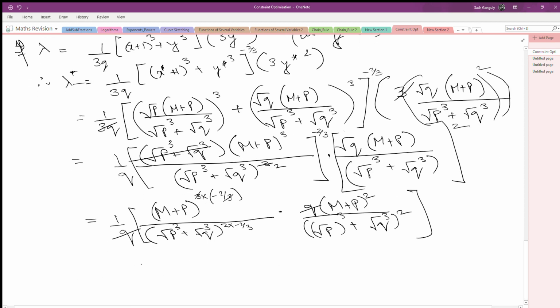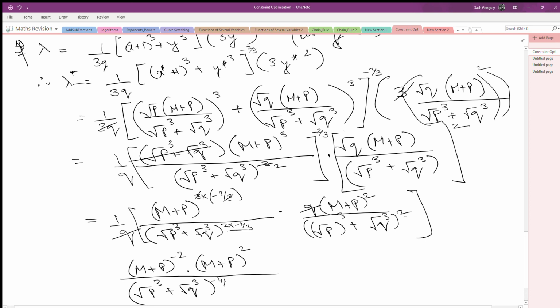I have m plus p to the power minus 2 times m plus p to the power 2 upon root p cube plus root q cube to the power, here is minus 4 by 3 and here is 2. So it will be minus 4 by 3 plus 2.